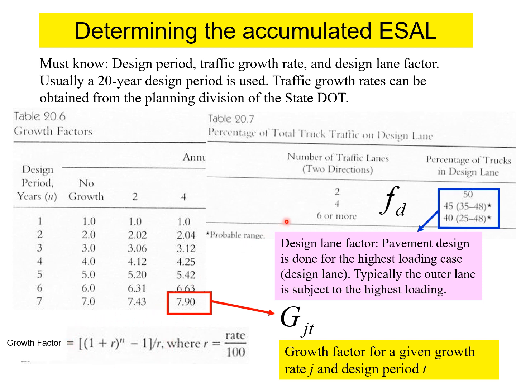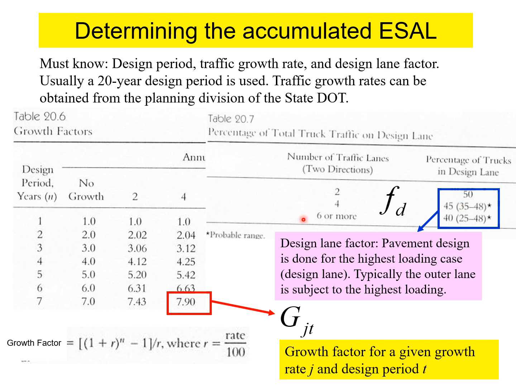As far as the design lane factor is concerned, you can use this table and you can see that the number of traffic lanes in two directions, if there are 2 lanes in both directions, then 50%. If there are 4 lanes, then 35 to 48%, and generally we take 45% for this case.